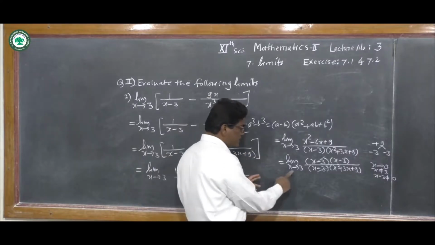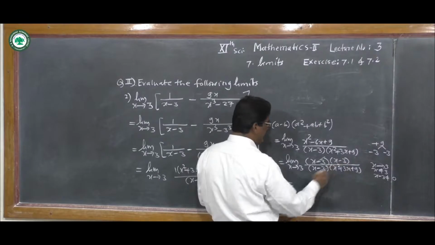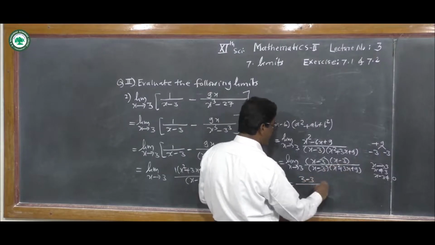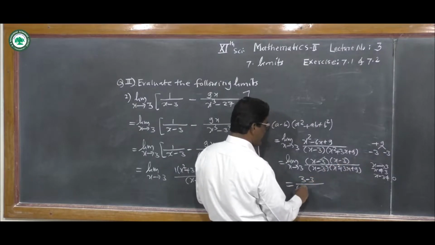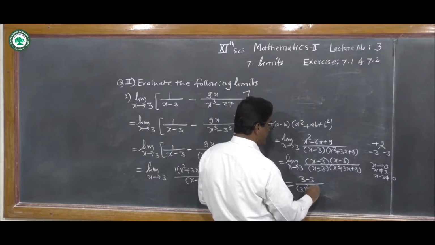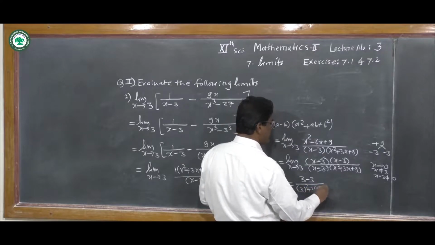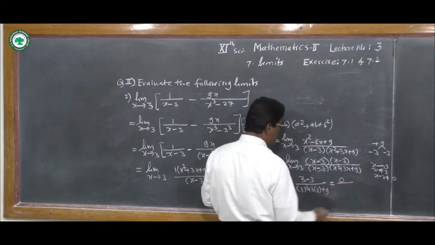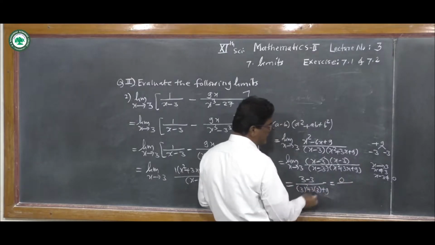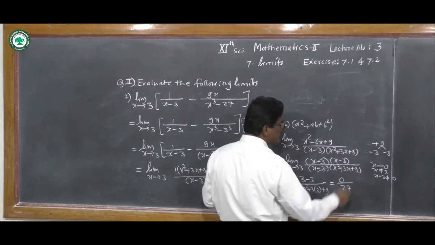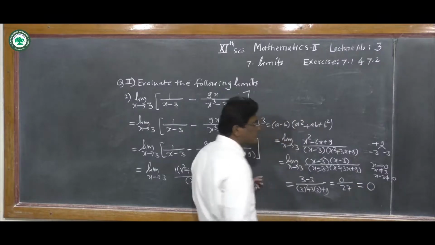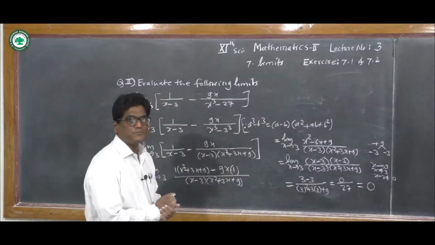So when we put x is equal to 3, we get 3 minus 3 upon 3 square plus 3 into 3 and plus 9. That is equal to 0 upon 9 plus 9 plus 9, that is 27, and 0 upon 27 is equal to 0. So the answer is here 0.